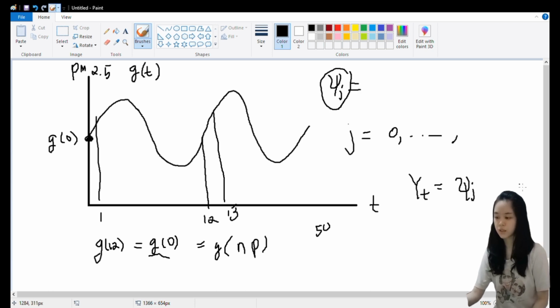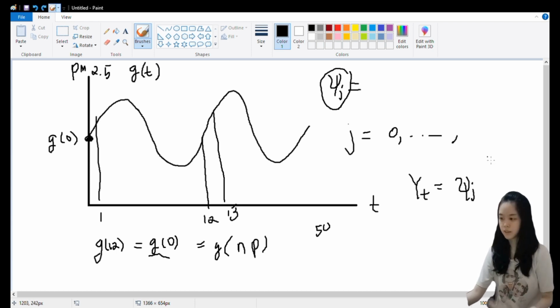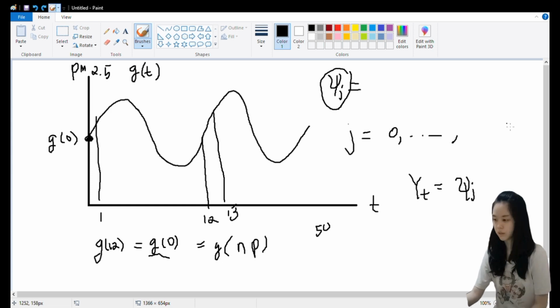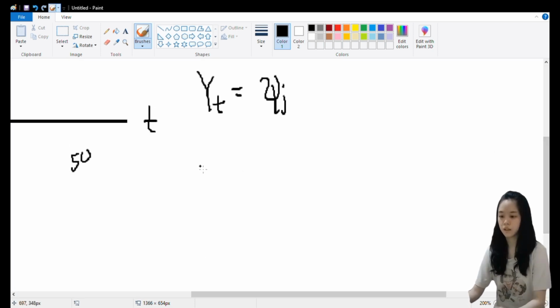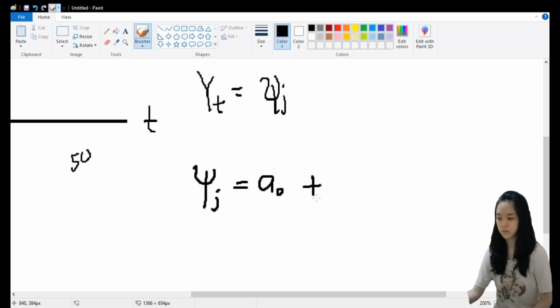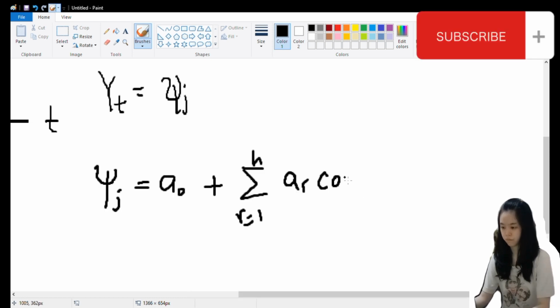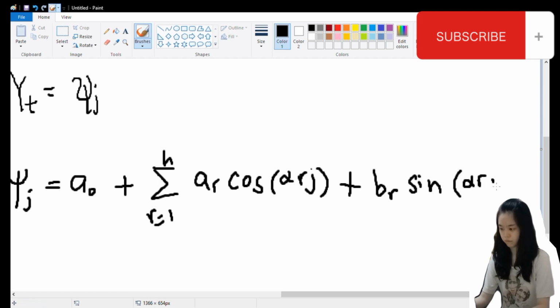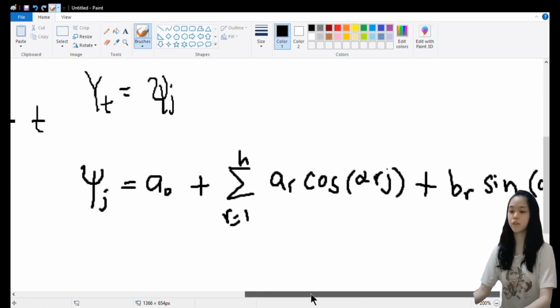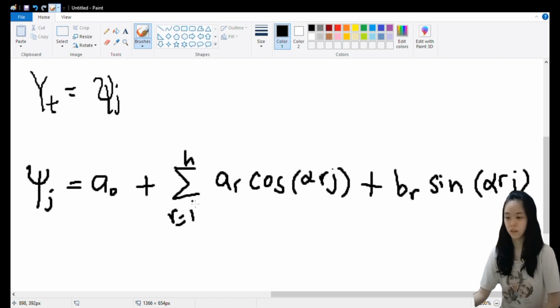And of course, j is the remainder that we get after dividing t by p. Okay, and then the seasonal factor can also be modeled at the system level as this: a0 plus... okay, so this is the equation for the seasonal factor.